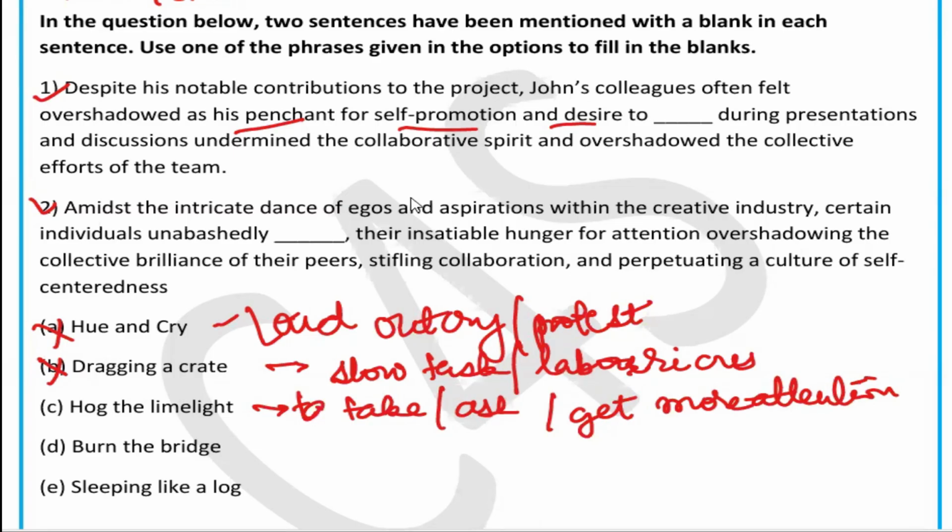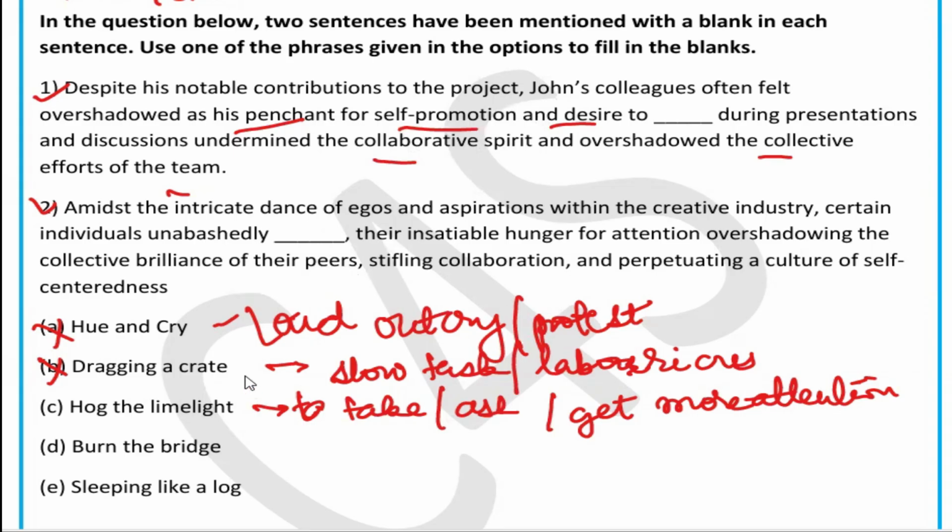Now, if we see from this sentence, this idiom actually fits in, because here we can see John's efforts, where John is asking for more attention, or John wants to seek more attention, and this thing of John's is overshadowing all the collaborative spirit and the collective efforts of the team. So this idiom very well fits into this plan.